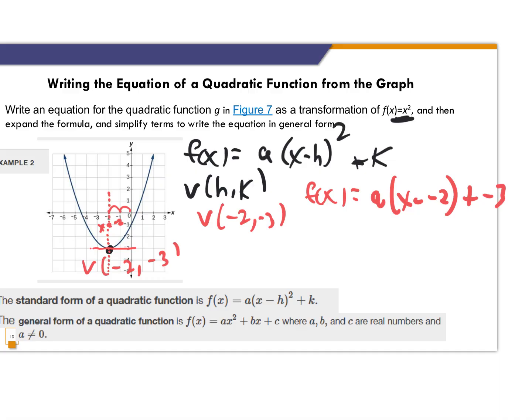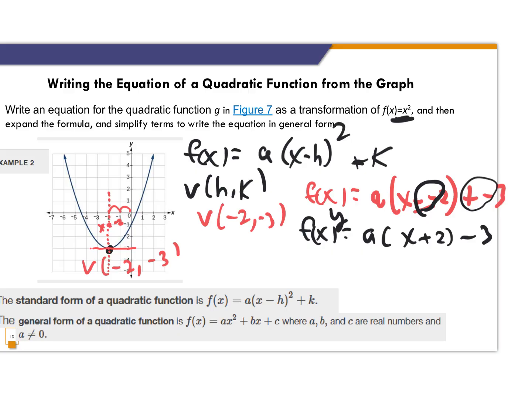Now you and I both know that these two minuses together make a plus, and this plus minus becomes a negative. So f of x equals some a times x plus 2 squared minus 3. Now, f of x just means y.